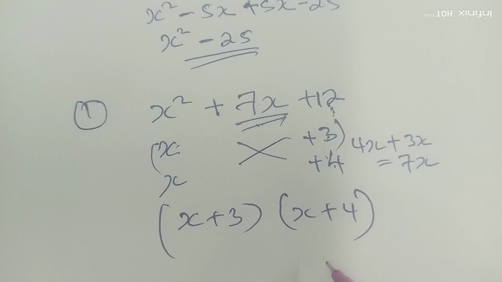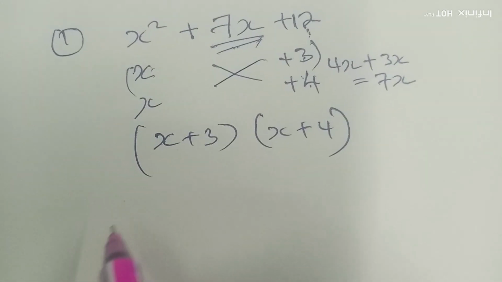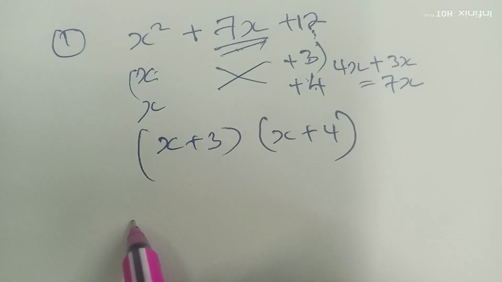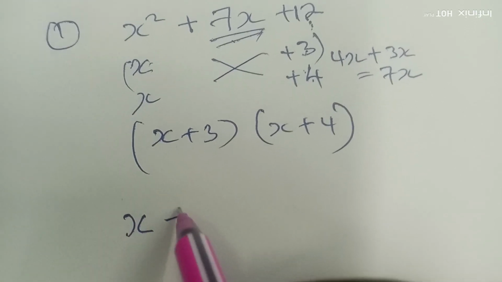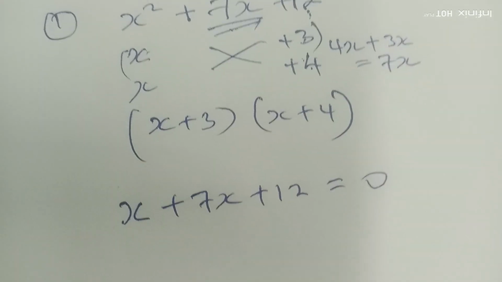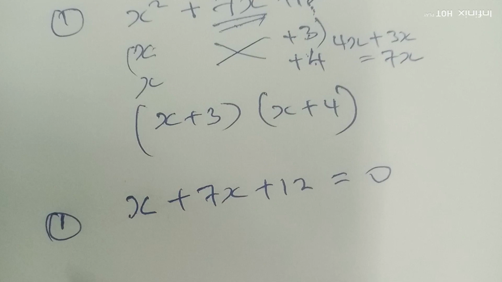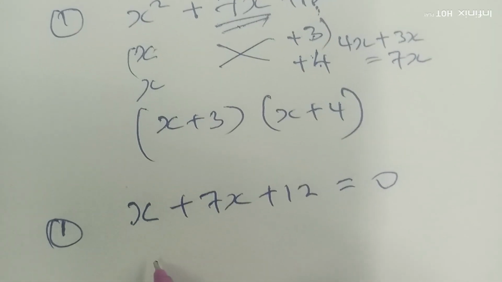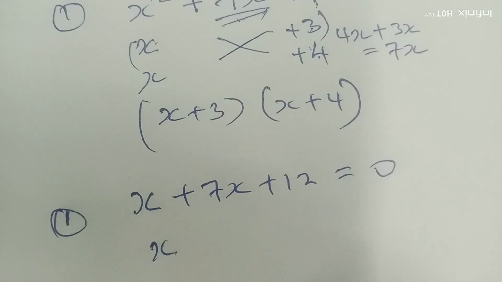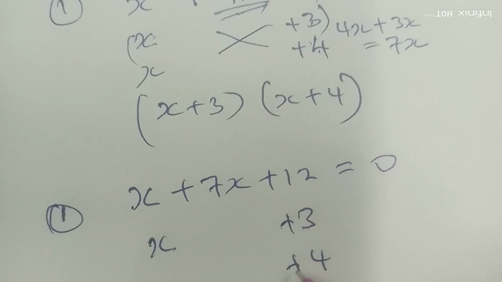I think we can also go ahead and solve a quadratic equation. So assuming that x squared plus 7x plus 12 is equal to 0, what are the real values for x? We can say number 1 again. We have x and x, then we have 3 and 4 on the positive side.